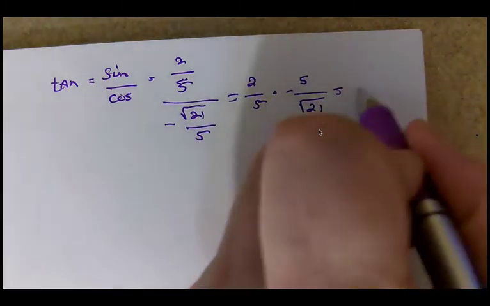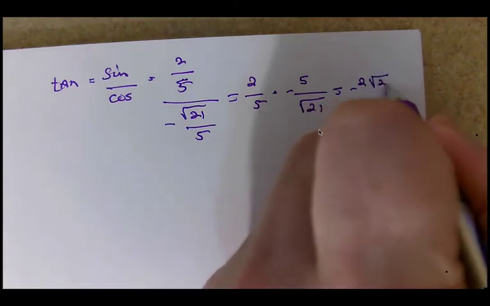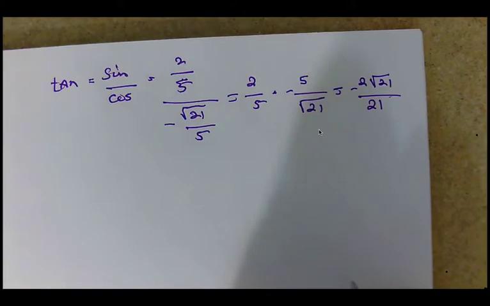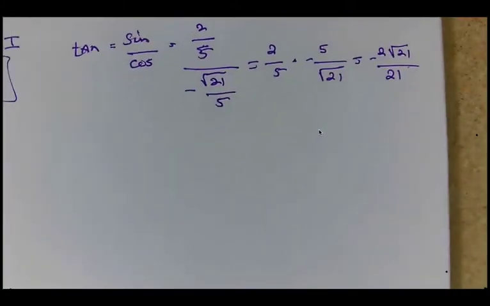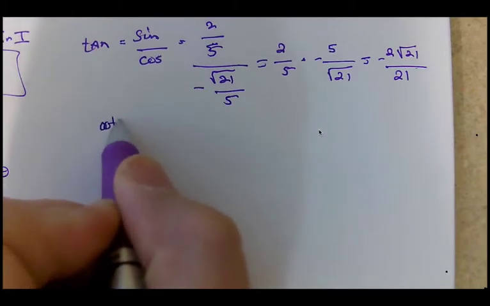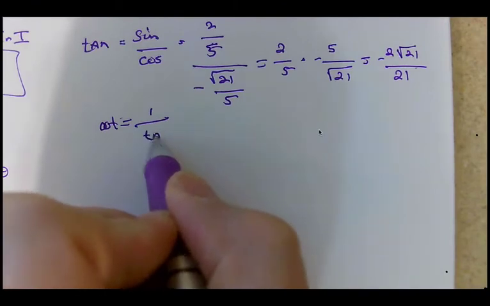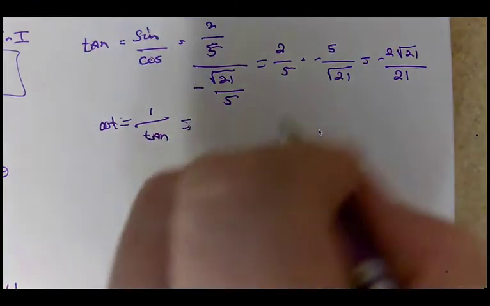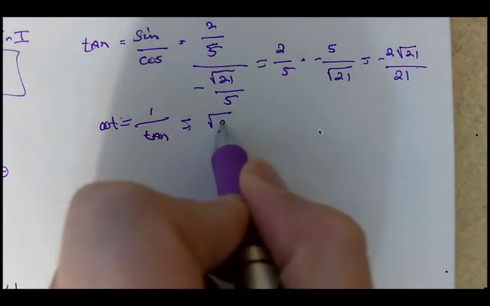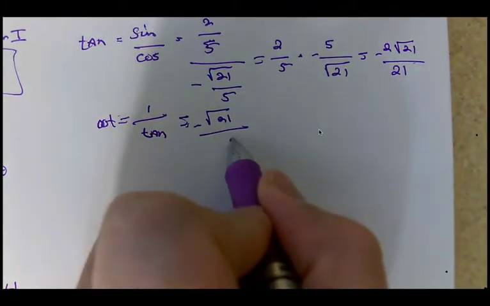Solve this out, we have negative 2 square root of 21 over 21. We also now know that cotangent is equal to 1 over tangent, which is equal to negative square root of 21 over 2.